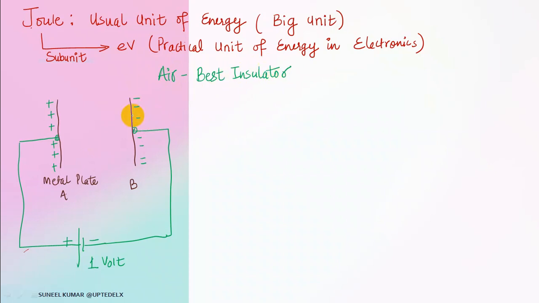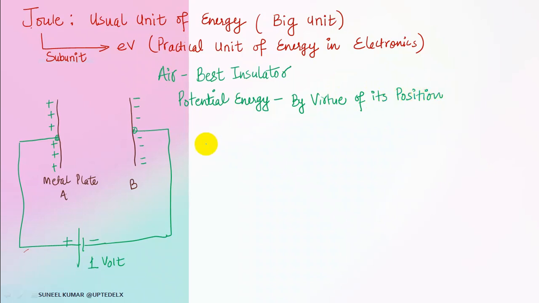The electrons in these metal plates have potential energy, because they are not moving. Remember, potential energy is by virtue of its position.